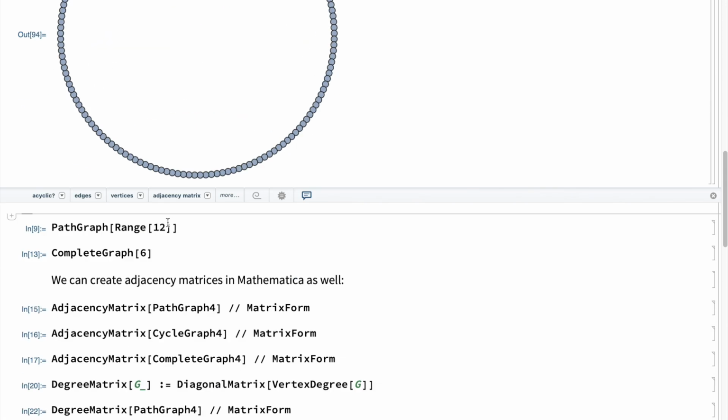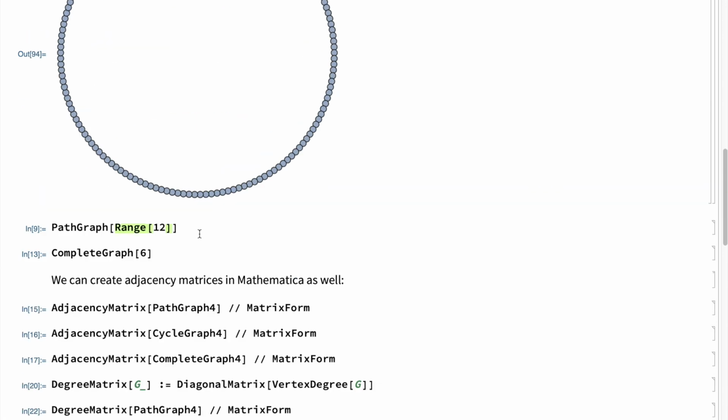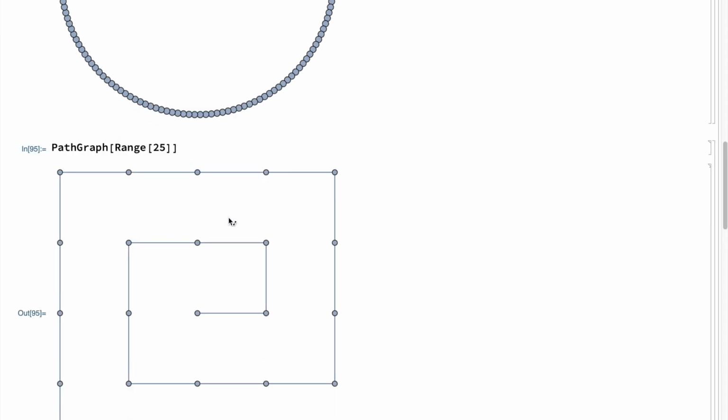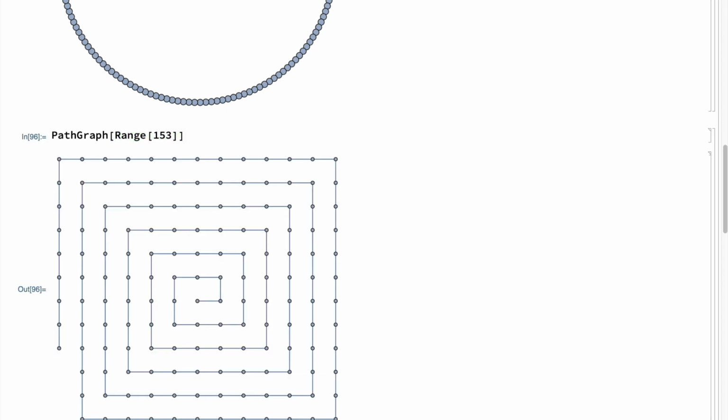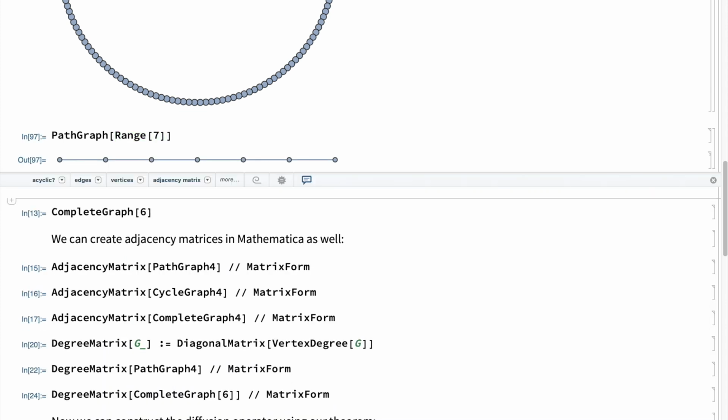If we want a path graph, for some reason I'm not really sure about, you have to use range instead of just typing the number of vertices. But here's a 25-vertex path graph, and here is a 153-vertex path graph, and here's a 7-vertex path graph.